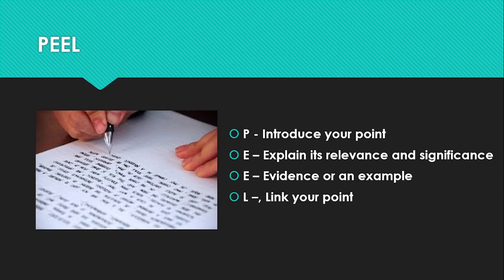You might not always do this in the same order. For example, you might want to make a link to the previous paragraph as soon as you've introduced your point. But these 4 elements should be in every paragraph you write. I can't emphasize that enough.